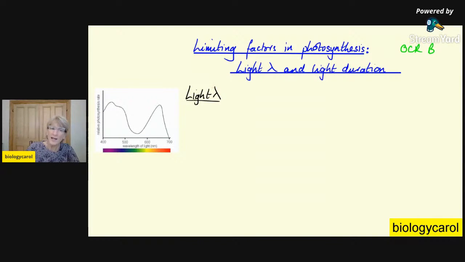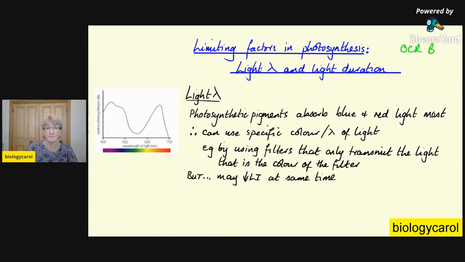So light wavelength. Hopefully you'll remember that white light, the light that comes from the sun and from the lights inside our house, has the full spectrum of wavelengths of light. White light contains all the colors of the rainbow because the colors are light of particular wavelengths.